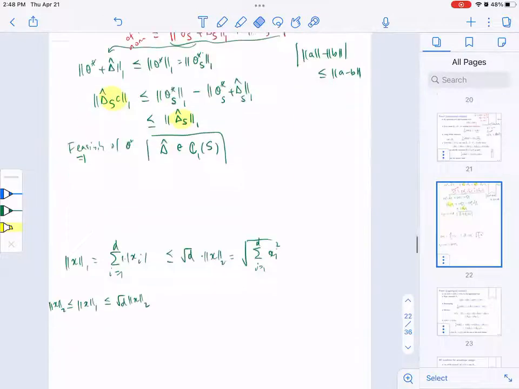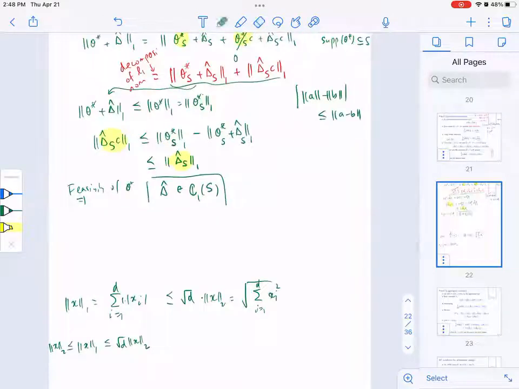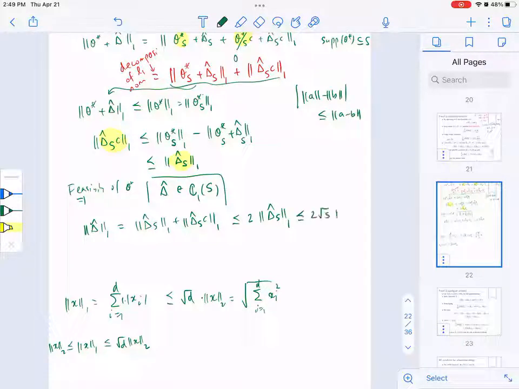But because I'm in the cone, you can see that the L1 norm, because it's just the sum of these two terms, is going to be bounded by twice delta hat S1. Okay, because the big part is controlled by the small part. And now this is in S-dimensional space. So this is going to be bounded by 2 root S, L2 norm S.